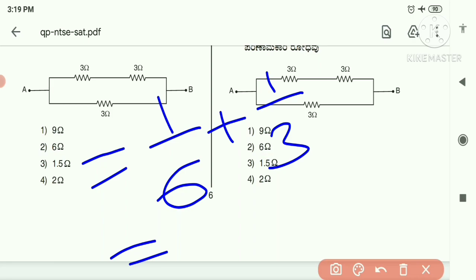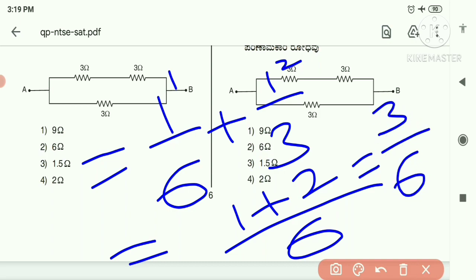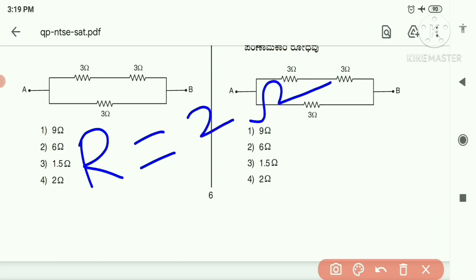Now the LCM is 6, 6 1s are 6, so 1 plus 3 2s are 6, 2, it becomes 3 by 6, 3 ones are 3, 3 twos are 6. So now taking the reciprocal, 1 by R, R is 2 ohm. So which one is the correct answer? Fourth one is the correct answer, 2 ohm.